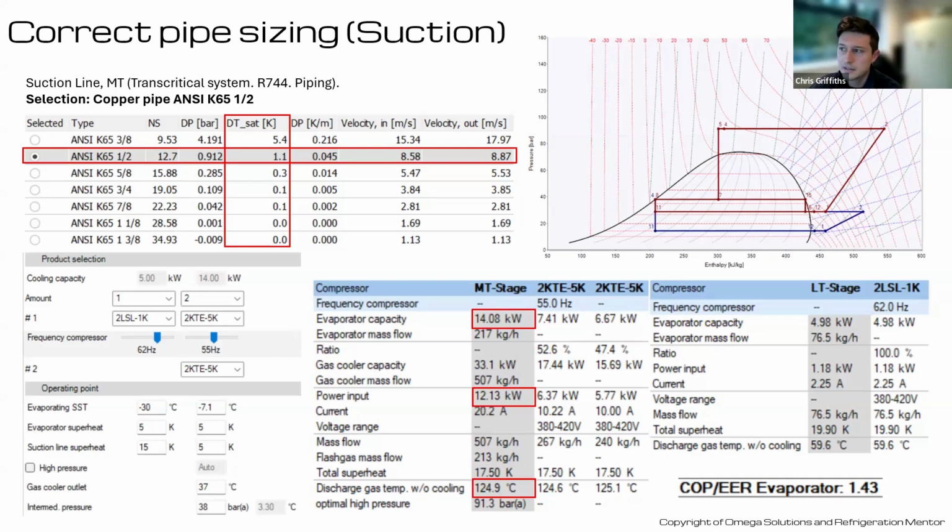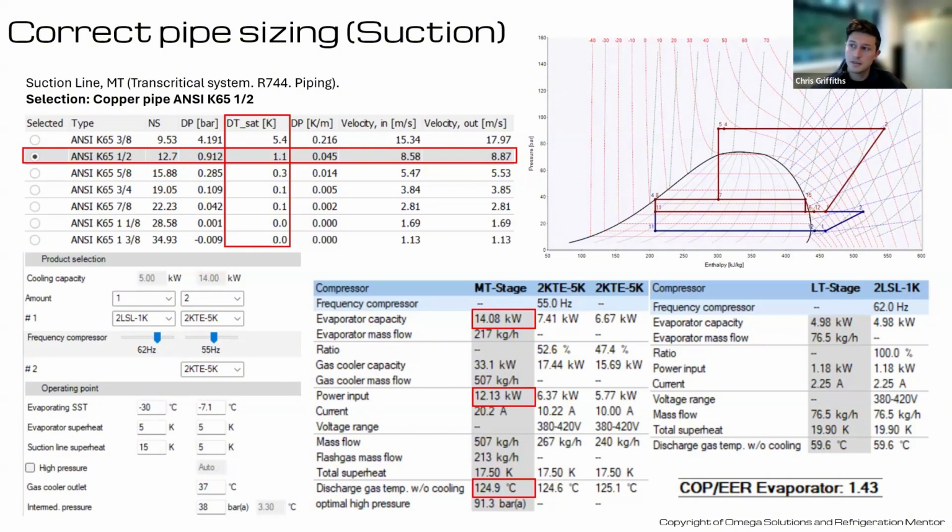So the idea of this is we'll look at this pipe size and then see what impact that has on our compressor selection and what our coefficient of performance would be as well. So we've selected a 1/2 inch pipe, and the key item we want to look at there is this highlighted red box, which is delta T saturation temperature in Kelvin. So that is the equivalent temperature for our pressure drop in that pipe.